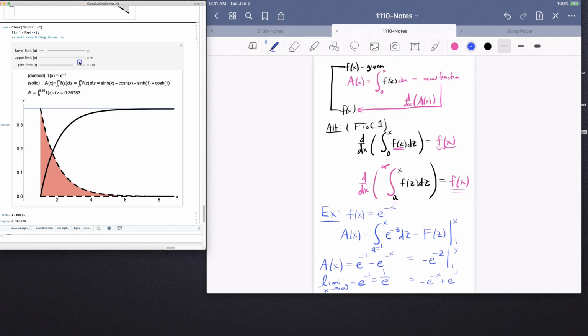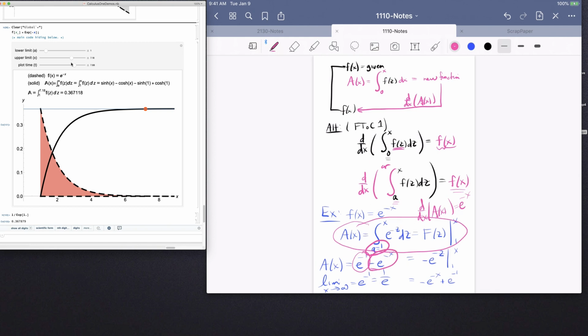Okay? All right, now the question is, what is the derivative of this accumulation function? The derivative with respect to x of A of x, even though there is a number here, not 0, on the bottom, the derivative of this accumulation function, because 1 over e is a constant, that derivative becomes 0, and then we get e to the negative x, which is the derivative of negative e to the negative x.